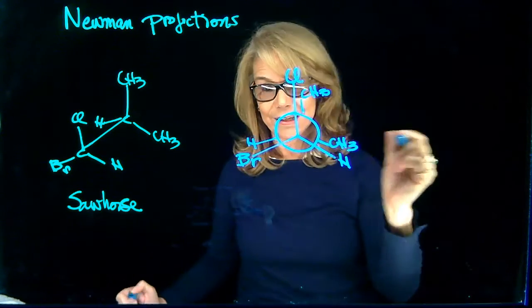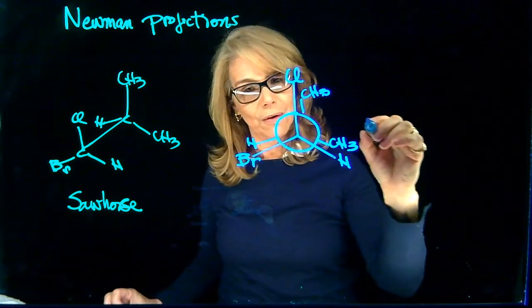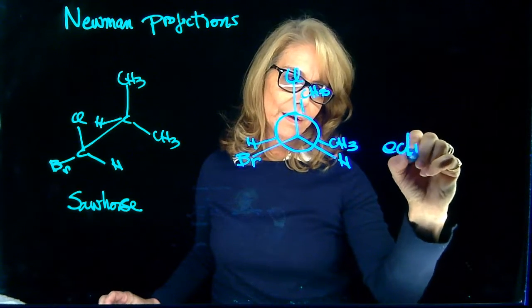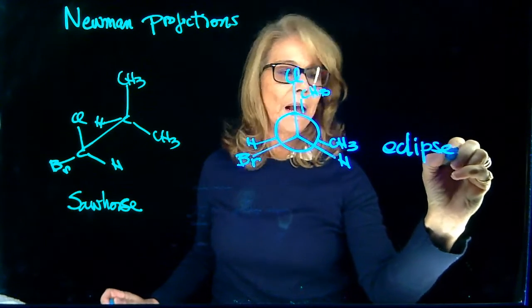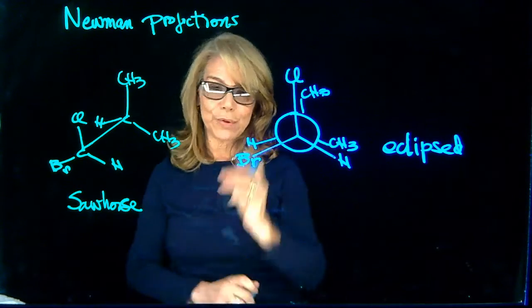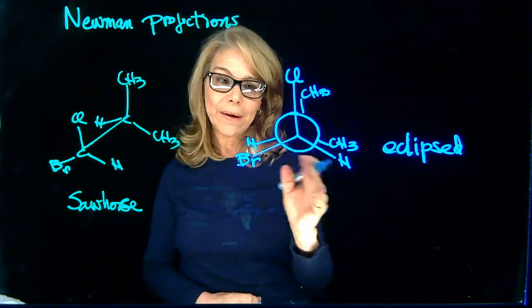And as I was saying, this is not only a Newman projection, but this particular conformation we're going to say is eclipsed. That's an eclipsed conformation. It is not the lowest energy conformation. So we're going to take advantage of that to draw a structure that is better than that.